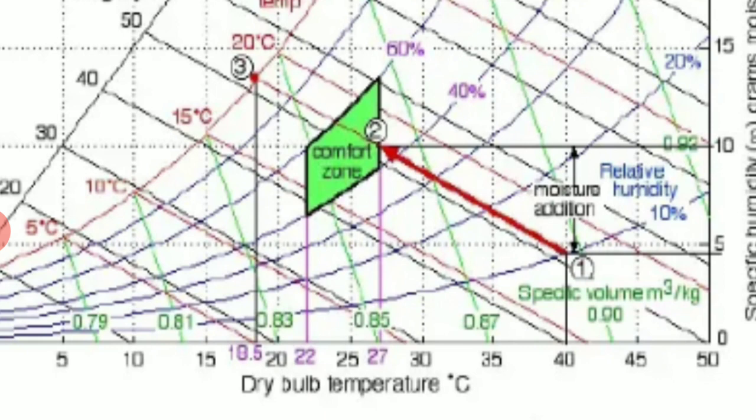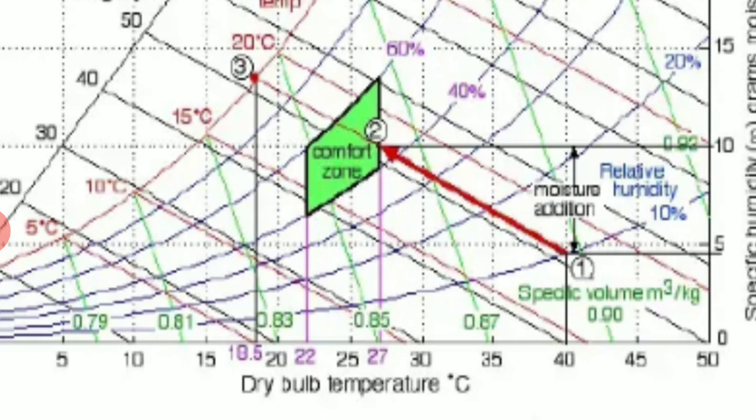From the 27 degrees Celsius point, move vertically upper side. Then from point 1, move parallel to the wet bulb temperature line, as the arrow mark indicates. Where these two lines meet, mark it as point 2. I'll repeat: 27 degrees Celsius you have marked, move vertically upper side.